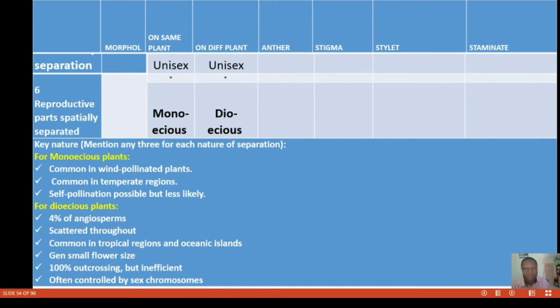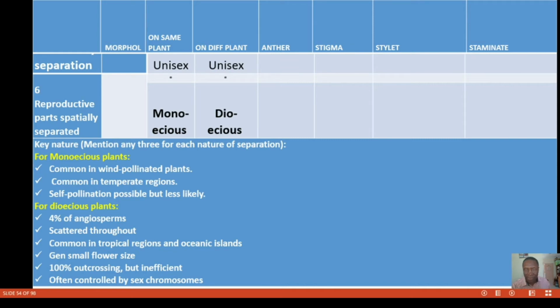And we have some of the important qualifications. I have listed 3 characteristics for the monoecious plants. One is the unisexuality of the reproductive parts.